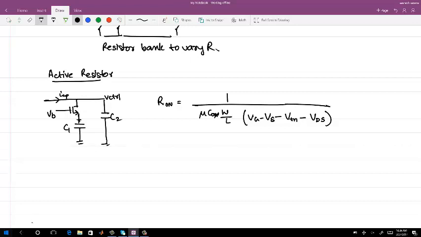So in a steady state there is no current flowing through the resistor. So VGS, VB minus V control minus Vtn is greater than 0, which implies V control is less than Vb minus Vtn.